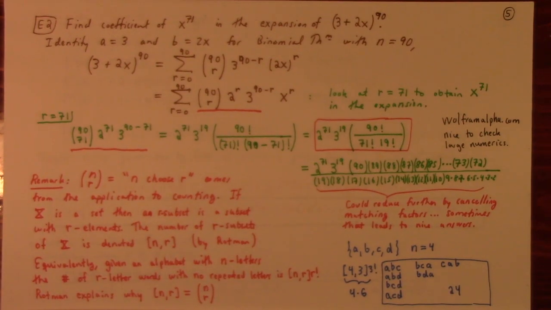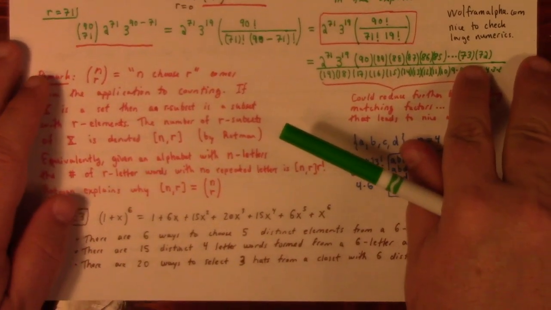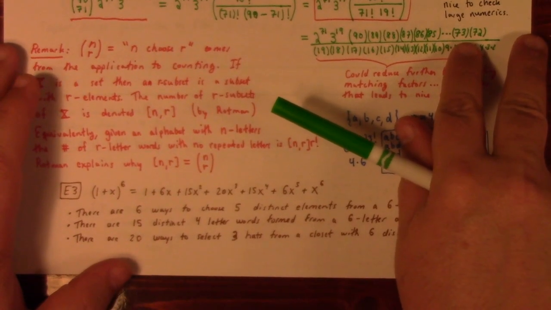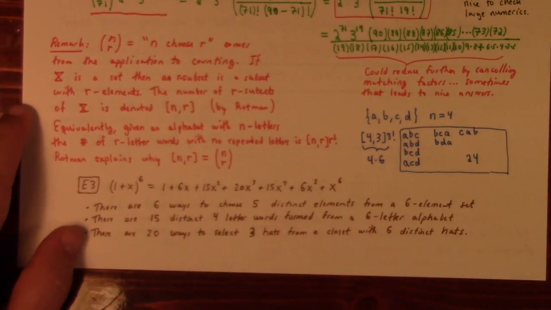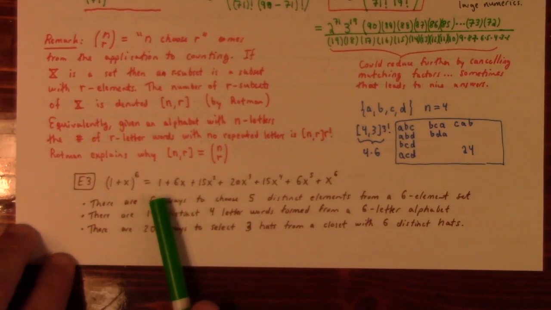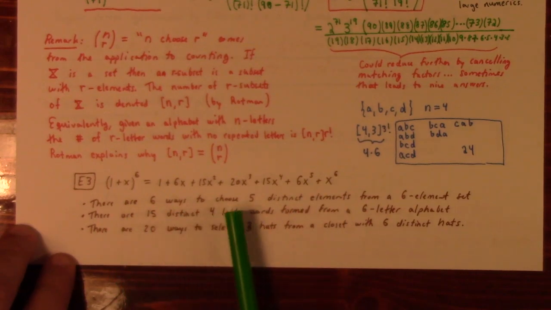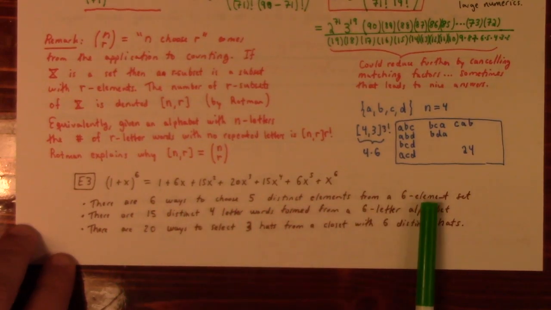So anyway, Rotman explains why n choose r is equal to the number of r-subsets of X, where X has n elements. A fun application of that counting, which, of course, I've not done a very good job explaining here. My apologies. If we look at (1 plus x) to the 6th power, there are 6 ways to choose 5 distinct elements from a 6-element set.